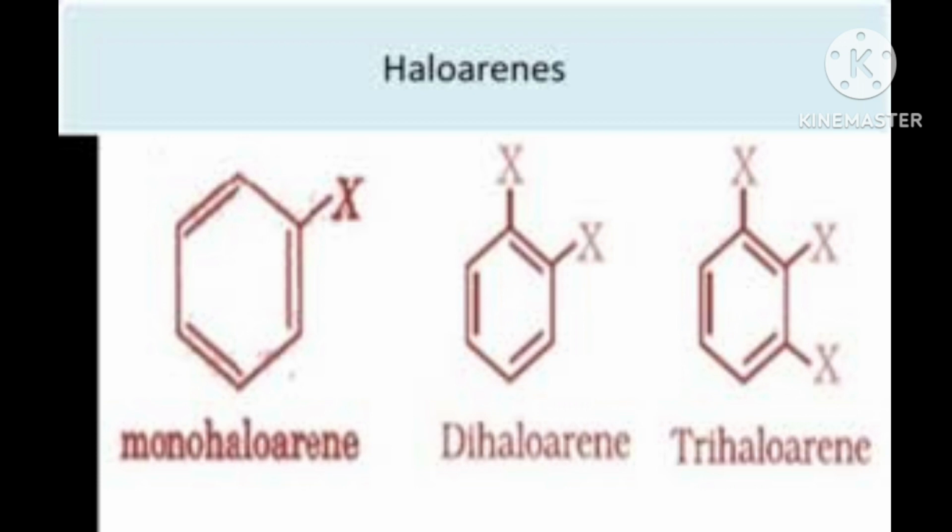Then this is called primary halide, because that carbon where X is attached has only one alkyl group attached to it. The alkyl group may be methyl, ethyl or propyl, but whatever it is, the first carbon is attached with the second carbon.